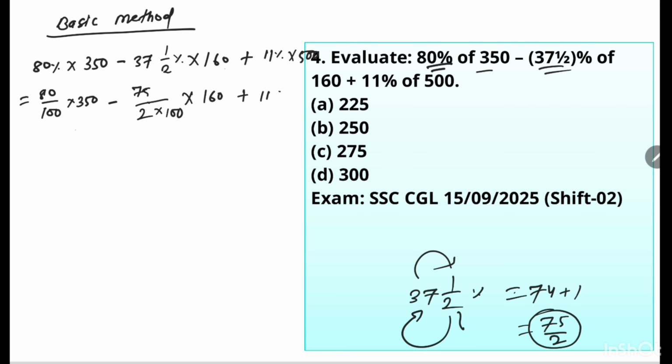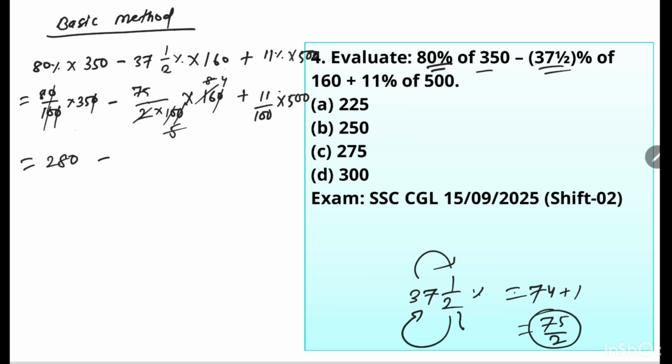If we solve this, then we can cancel this 0 with this 0, and then it will become 280. Then we can divide it by 8 times. We can divide 5, we can divide by 2, cancel with 2, and then it will become 4.